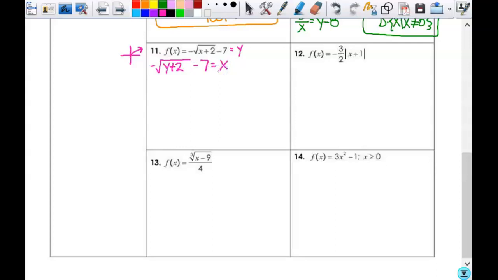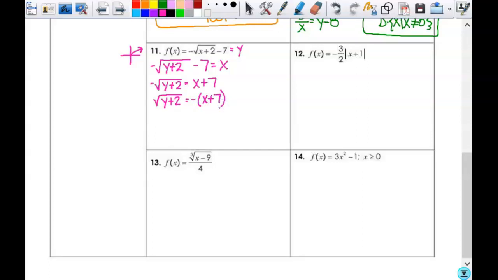Okay, trying to solve for y here. So I'm going to add 7 to both sides. So I get negative square root of y plus 2 equals x plus 7. Then I need to get rid of this negative, so I'm going to multiply both sides by negative 1. So that'll give me a positive square root of y plus 2 equals negative parentheses x plus 7. Those parentheses are important.